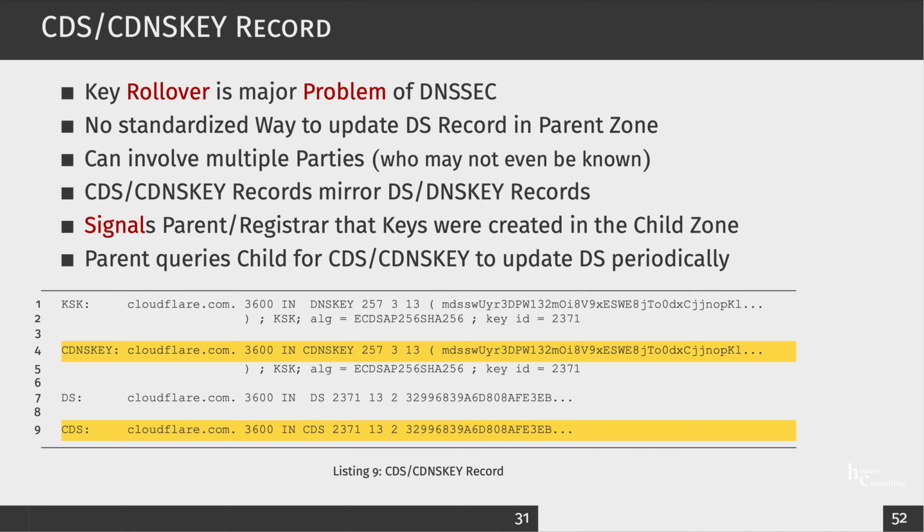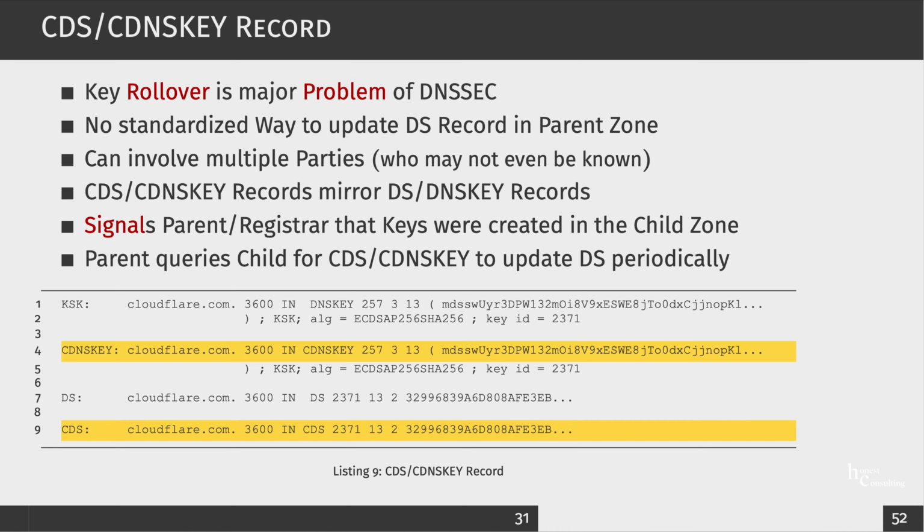And as you can see in listing number 9, we have our key signing key. So we can identify this by the record type DNSKEY and the flag value of 257.